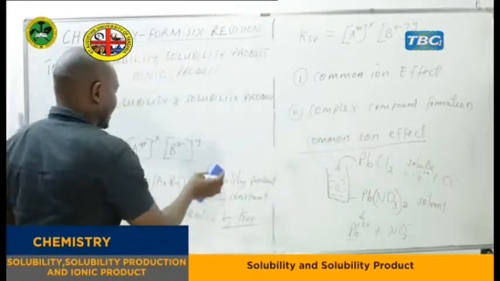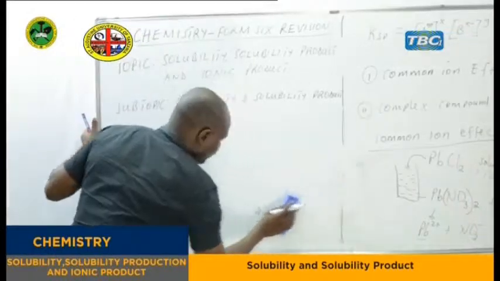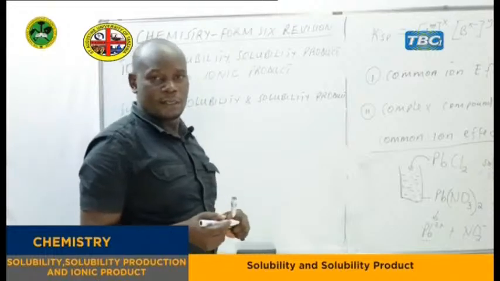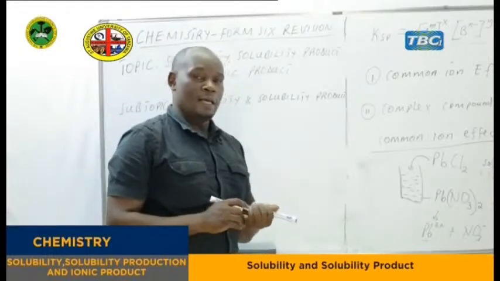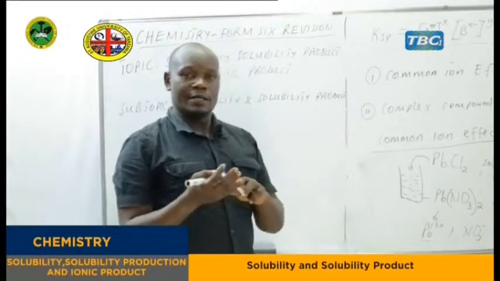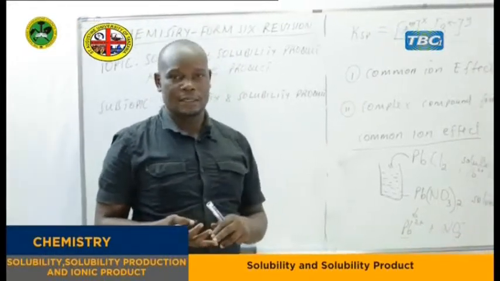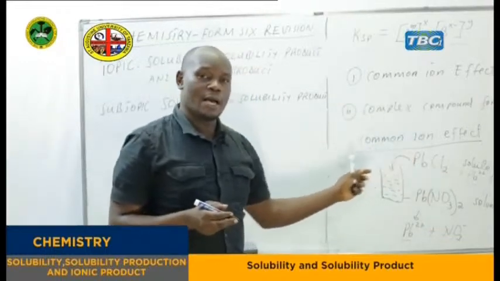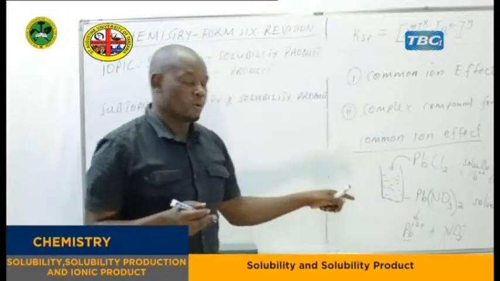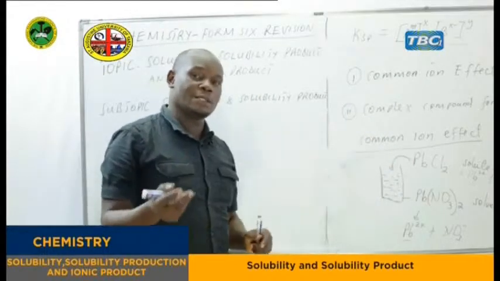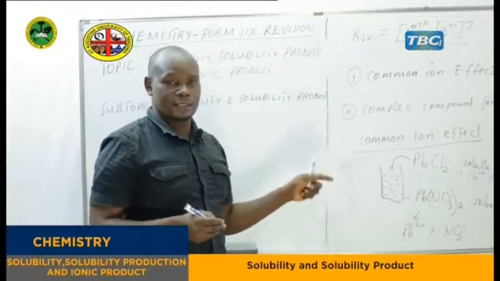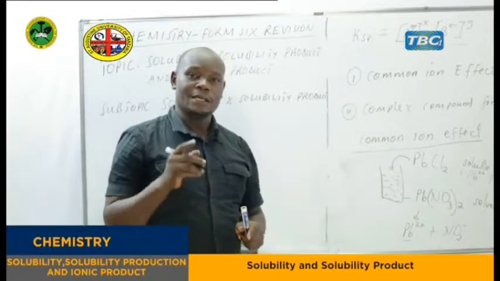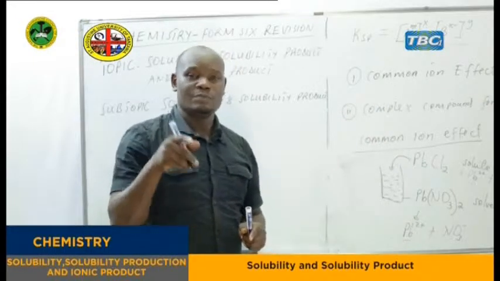Another factor is the formation of complex compounds. Normally a complex compound is a compound which is made up of a central metal atom and ligands. So most of the ions, when added into a solution containing ions, and those ions that are being added are added in excess, there is a tendency of formation of a complex compound which becomes soluble.